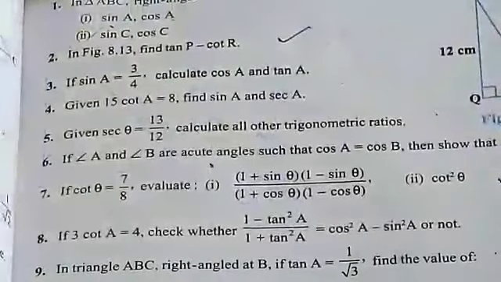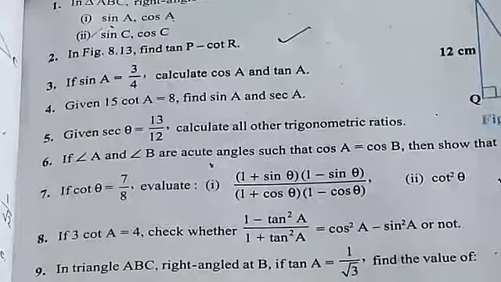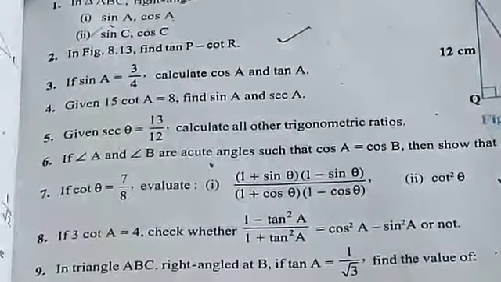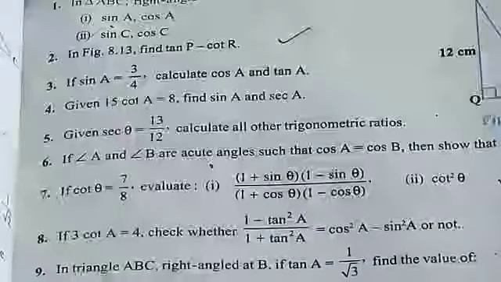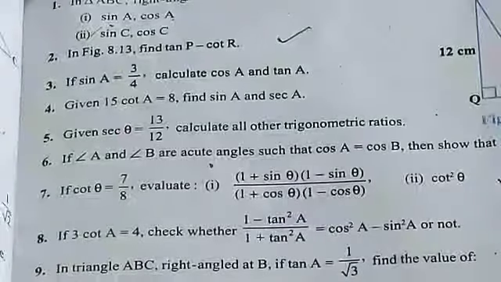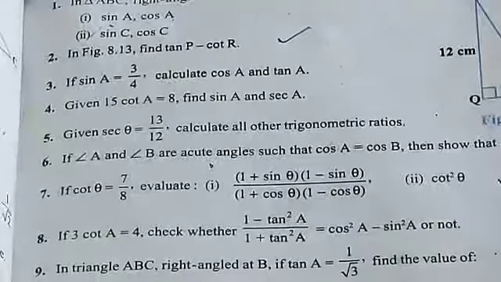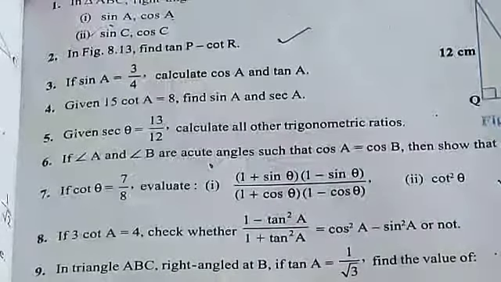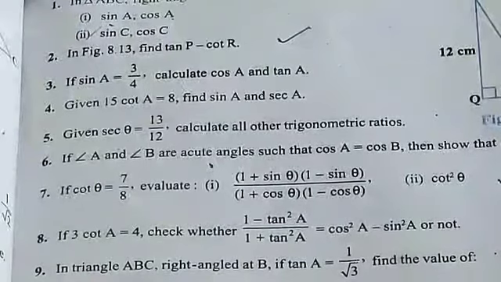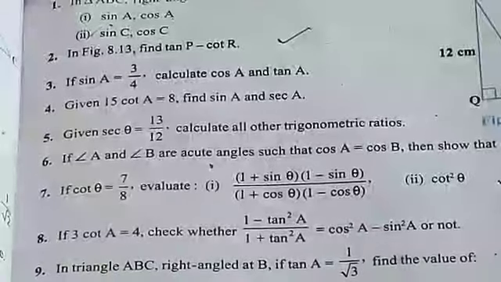Now listen the question number 7. If cot theta equal to 7 by 8, evaluate (1 plus sin theta)(1 minus sin theta) whole divided by (1 plus cos theta)(1 minus cos theta), which is equal to cot square theta.